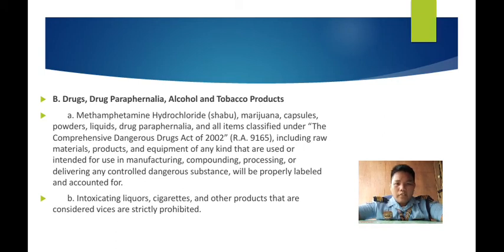One, A. Methamphetamine hydrochloride, shabu, marijuana, capsules, powders, liquids, drug paraphernalia, and all items classified under the Comprehensive Dangerous Drugs Act of 2002, also known as Republic Act 9165, including raw materials, products, and equipment of any kind that are intended for use in manufacturing, compounding, processing, or delivering any controlled dangerous substance will be properly labeled and accounted for.